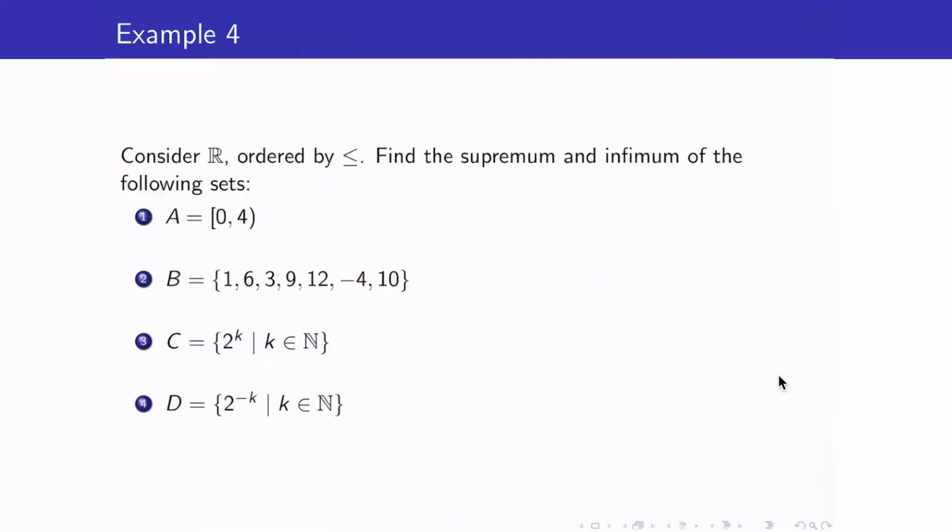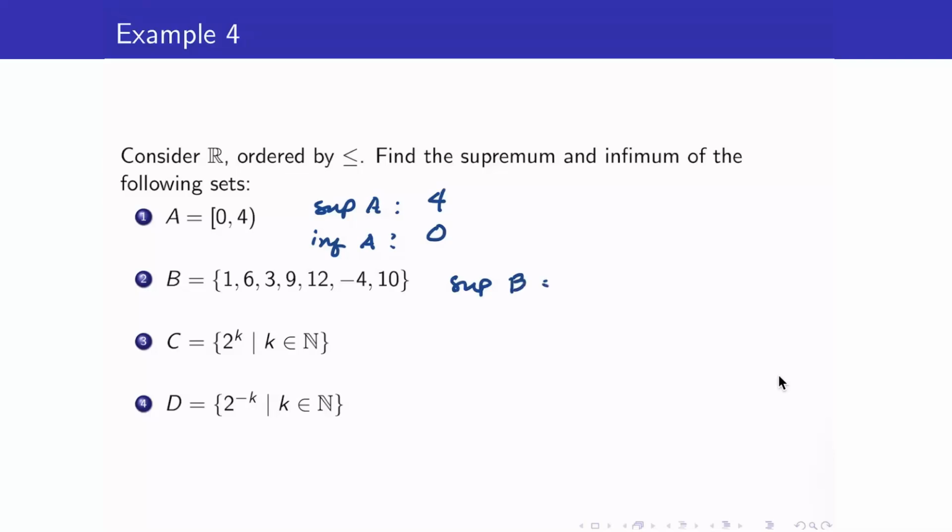What about these sets? We want to find supremum and infimum. For set A, what would be the supremum of A? The least among all the upper bounds, it has to be 4, correct? And what will be our infimum? The greatest among all lower bounds would be 0, right? What about for B? What would be the supremum of B?